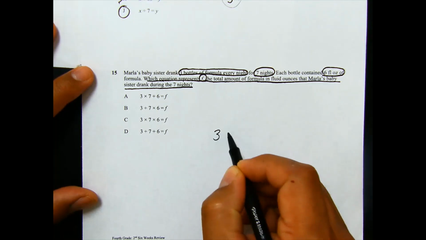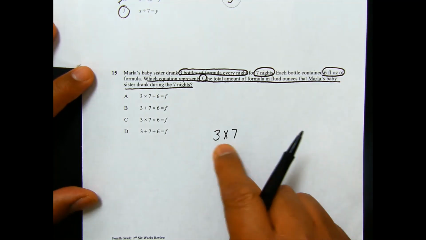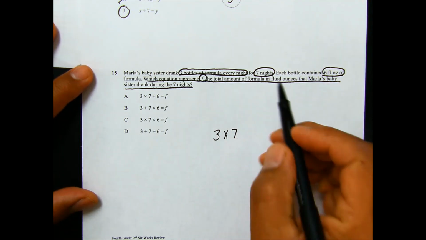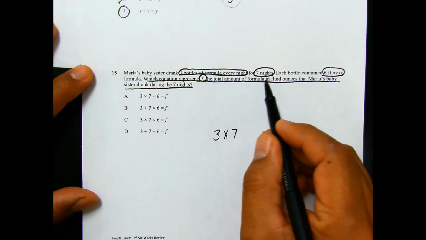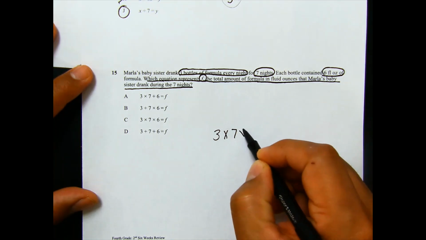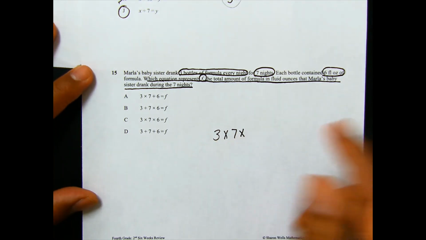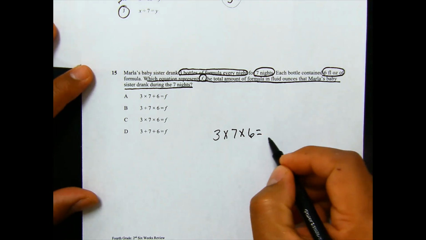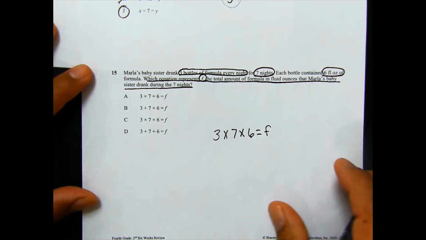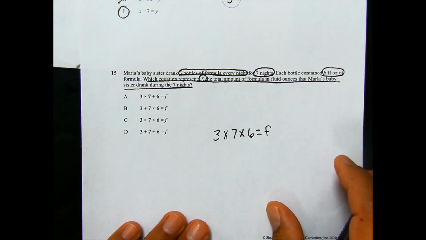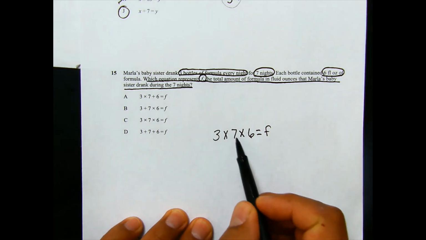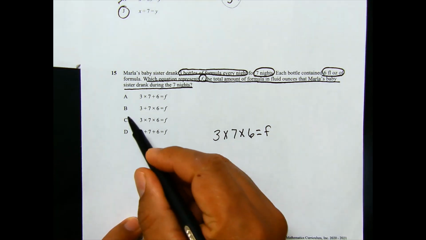So 3 bottles times 7 for 7 nights. Now every bottle had 6 fluid ounces. So that's why we're trying to find the total amount of fluid ounces. So we would have to multiply whatever we get here times 6 fluid ounces. That would give us F, the amount of formula she drank for those 7 nights. So 3 times 7 times 6 is C.